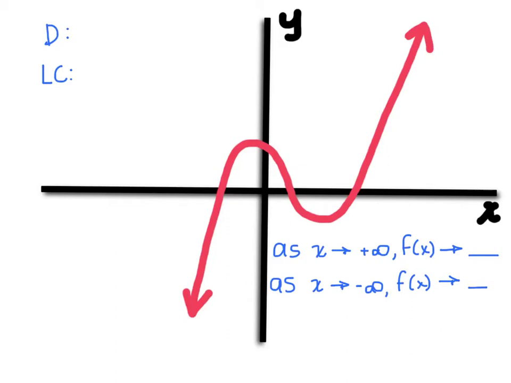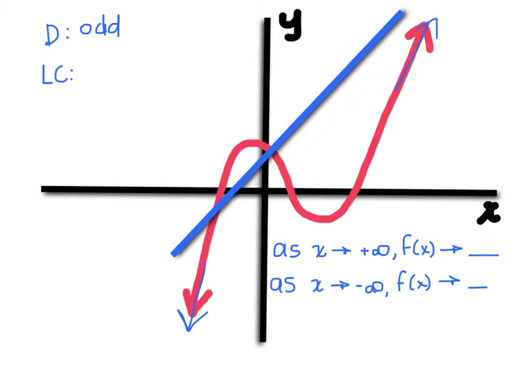So the degree of this has to be odd because one ends up and one ends down. The reason I always compare the odds to a line is because I want you to remember that a positive line goes up to the right.